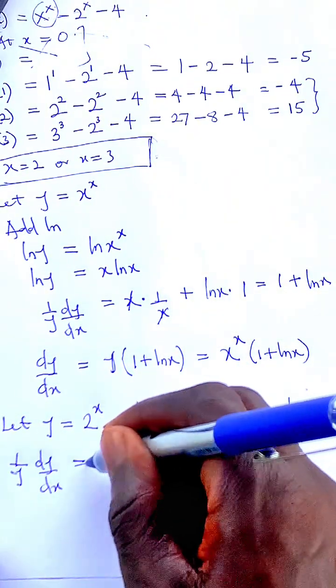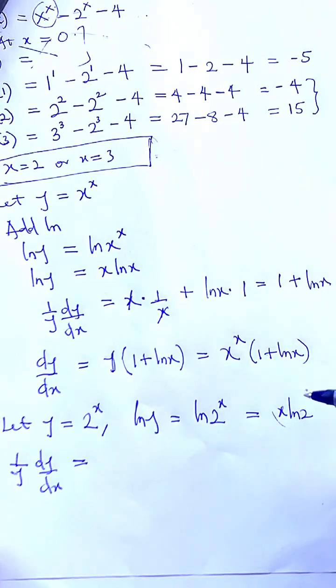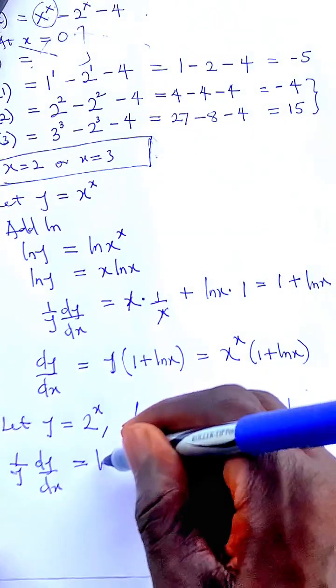is equal to, here is also a product rule. Here is not a product rule. This ln 2 is a constant. So let's differentiate x, which is 1. So you are left with ln 2.